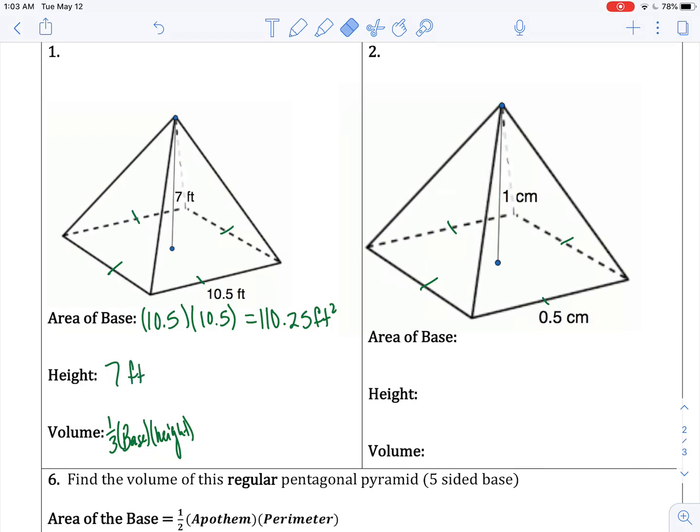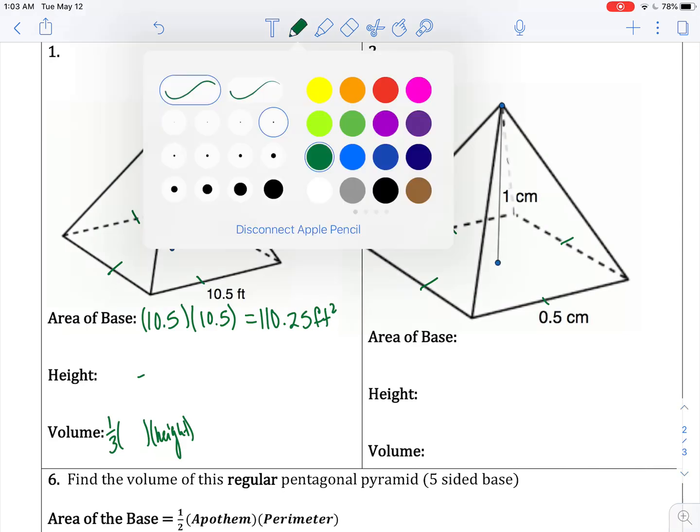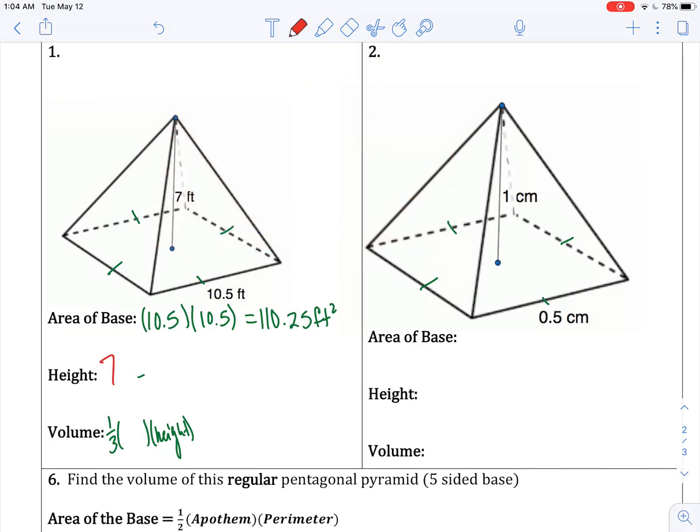So let's substitute in our known values. You know what, let me do this in a different color. I'll do this in red. So it's 1/3 area of the base times the height. We know the height is 7 feet, and the area of the base is 110.25.